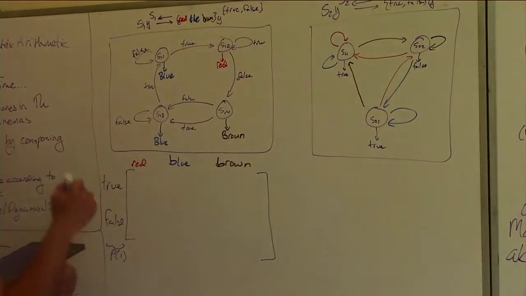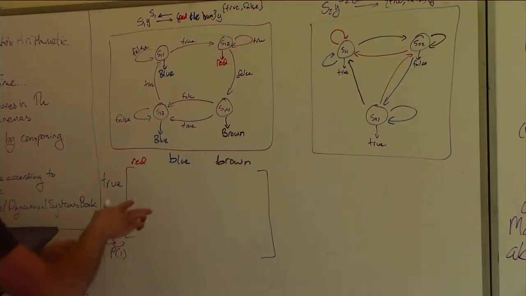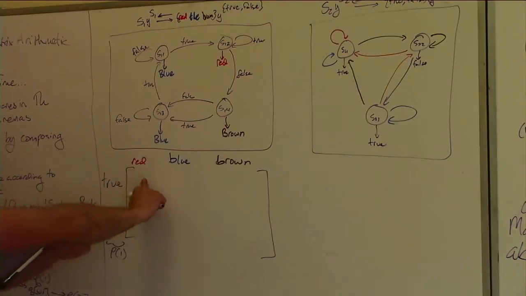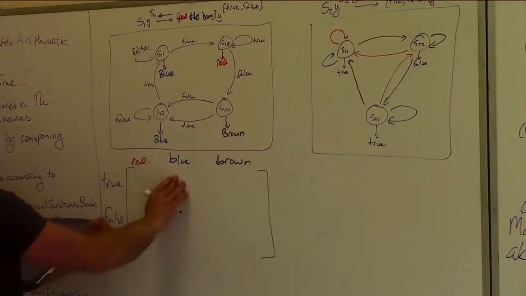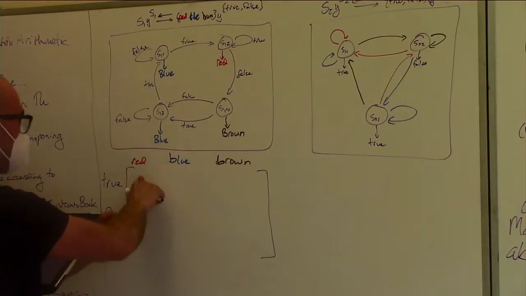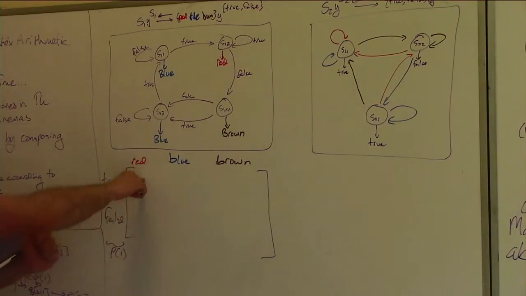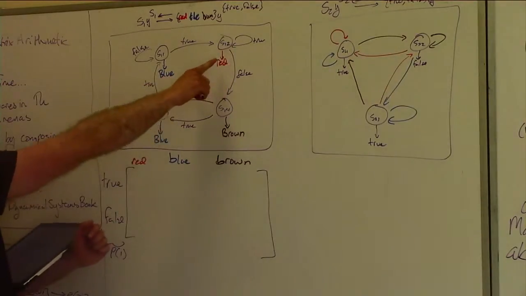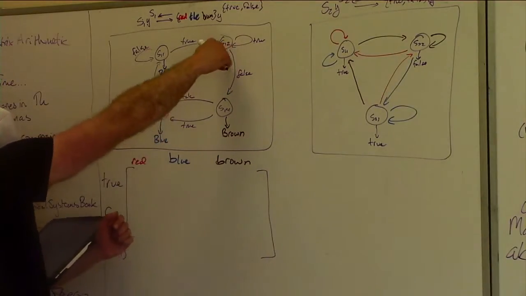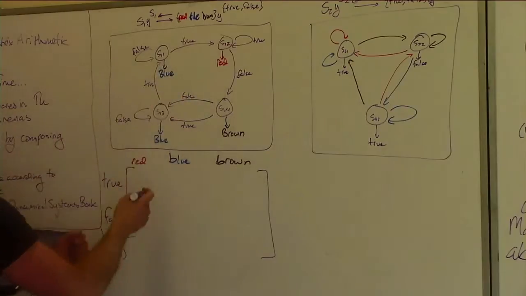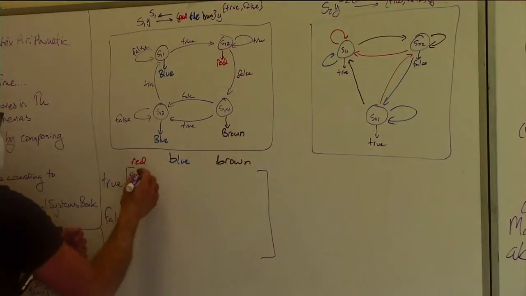Let's do a little calculating here. How many true red steady states are there? Well, there's this one. If you input true, you're steady, and it outputs red. So this one here is the true red steady state.